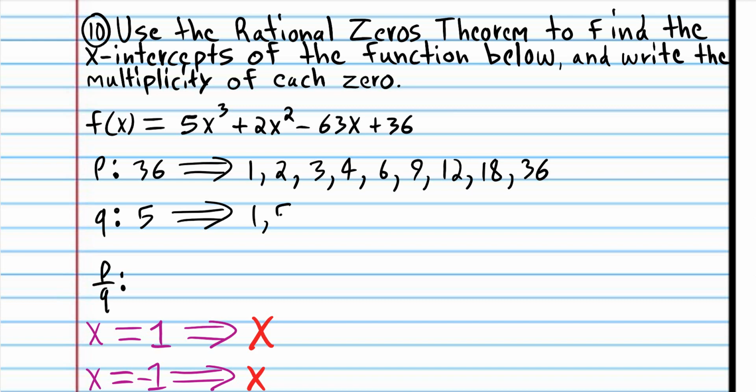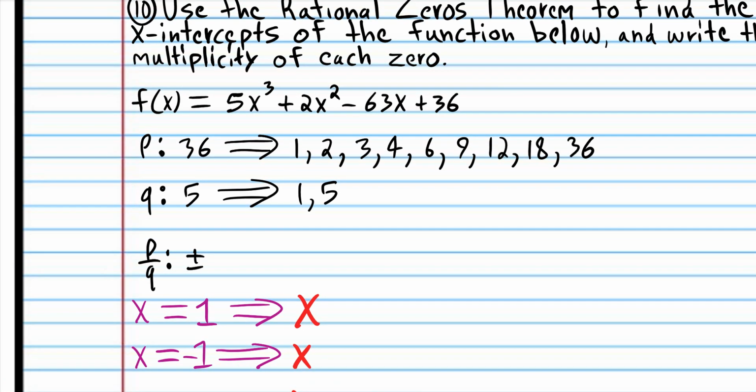And then 1 and 5. So writing all the factors: 1 divided by 1 is 1. 1 divided by 5 is 1/5. 2 divided by 1 is 2. 2 divided by 5 is 2/5.